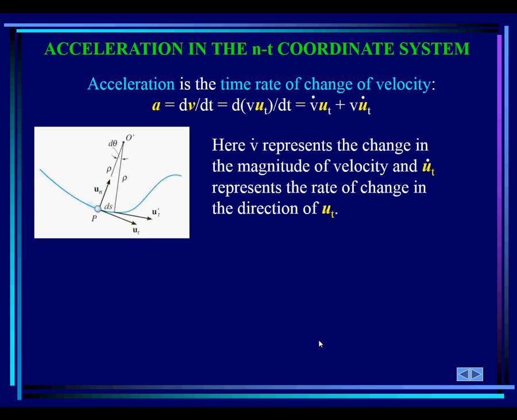Here the v dot represents the change in the magnitude of the velocity, and u dot represents the rate of change in the direction. That's how this works. The change of a vector is always affected by these two things.